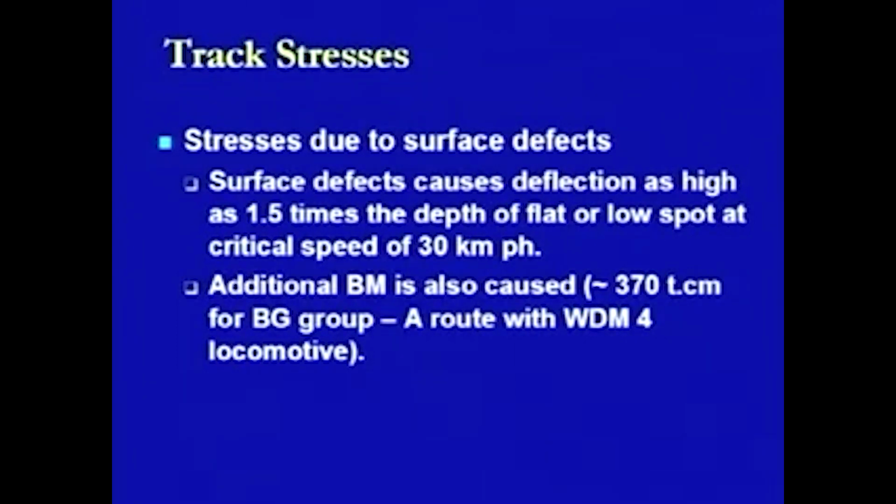That is the amount of deflection caused, and additional bending moment is also caused because of the surface defects, roughly 370 centimeters for broad gauge group, that is the category A route with the WDM4 locomotive, a locomotive manufactured for the broad gauge, that is W, with the diesel operating condition, that is D, for mixed traffic, that is M. This we have already seen when we discussed the classification of locomotives.